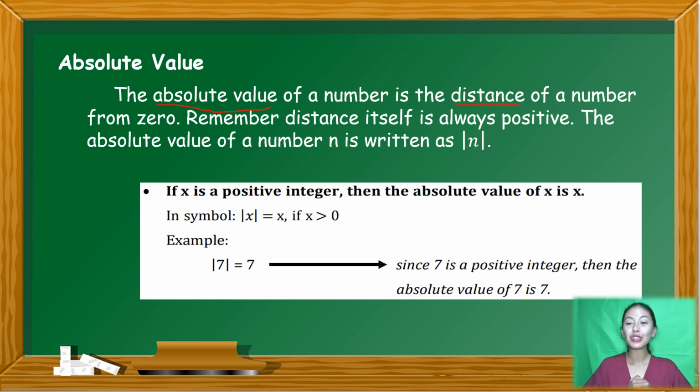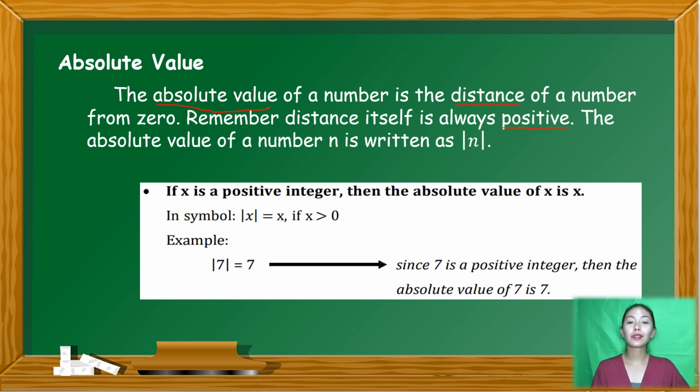If you're going to travel, for example, from Mabini to Loreto, Dinagat Islands, we cannot say that the distance is negative 7 kilometers. There is no such thing as negative when we talk about distance. It's always positive.